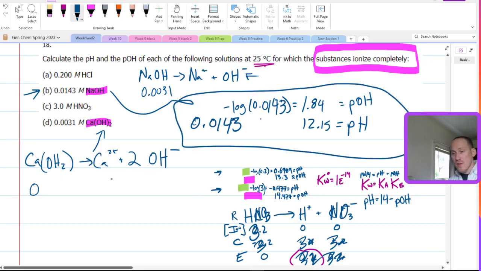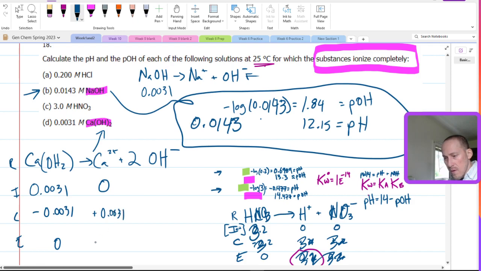Now with the calcium hydroxide, we start out with that, and we lose all of that, ending up with 0 of our calcium hydroxide. And as far as the calciums go, we start out with 0, but then we add that much, so we end up with that much.